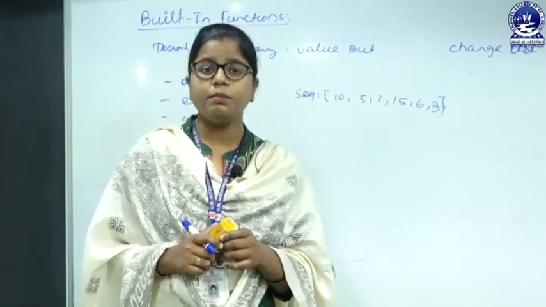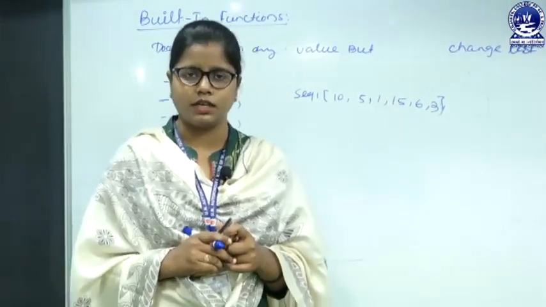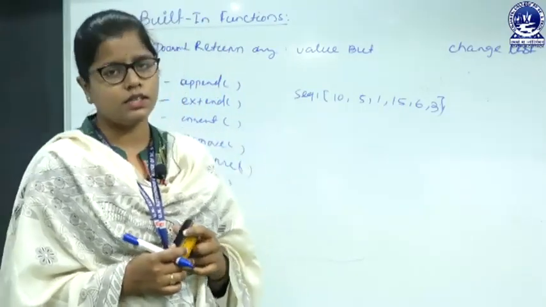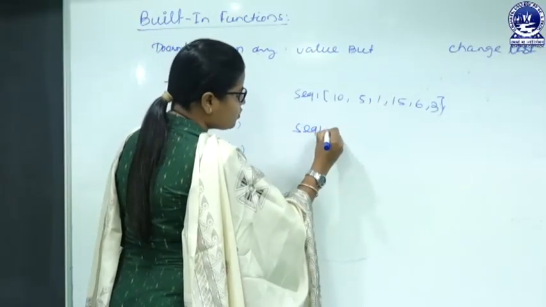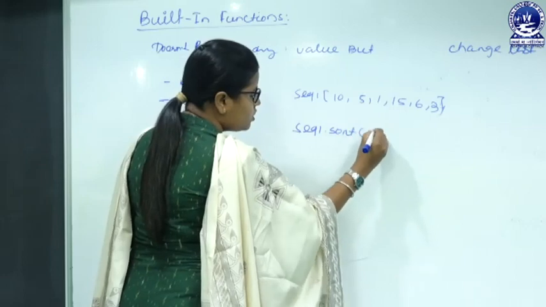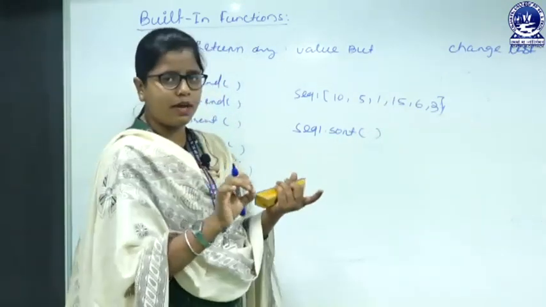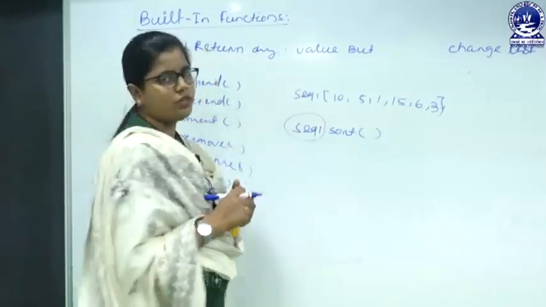We can use them, but in case of Python, we have a built-in function that is sort, that will sort all the elements in ascending order. So when I go for sequence1.sort, no argument will get passed here, because we are just commanding that we have to sort the list that is named sequence1.